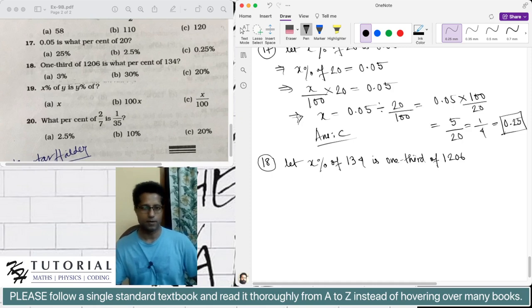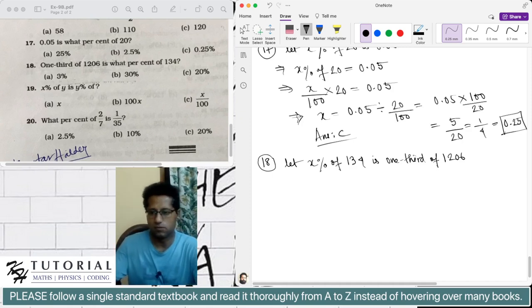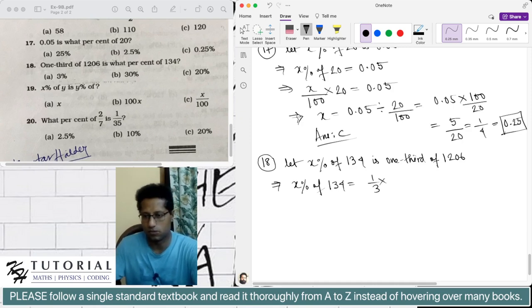We have assumed that let that percentage be x. So we can say that x percentage of 134 is one third of 1206. Now this implies that x percentage of 134 is equal to one third of 1206, which means 1 by 3 multiplied by 1206.